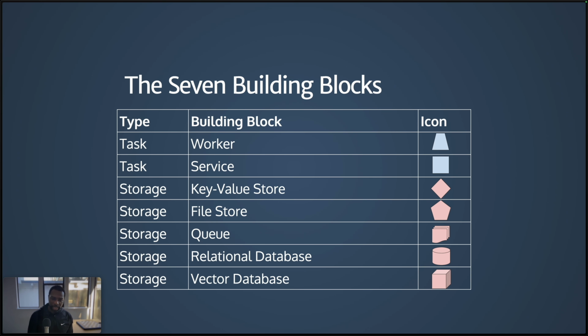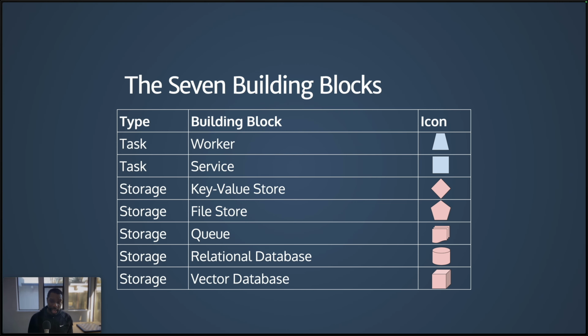On the left hand, I have this concept of type. So we have 2 task building blocks and 5 storage building blocks. Now, this doesn't mean that the task type of building block has nothing but task units, and it's the same for storage. What it means is that the primary use for it, the primary reason why we use it, is, for the first 2, the worker and the service, to execute tasks, execute instructions.